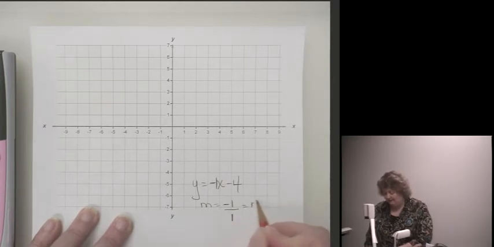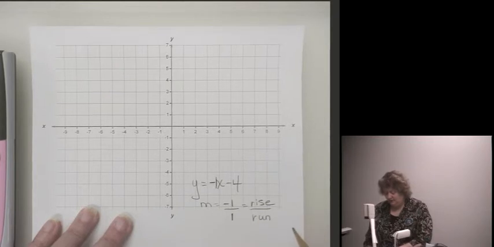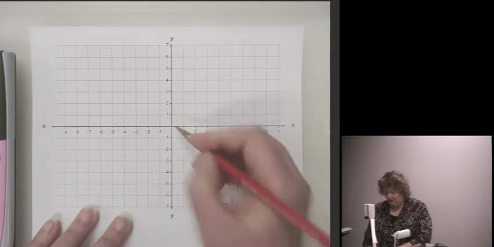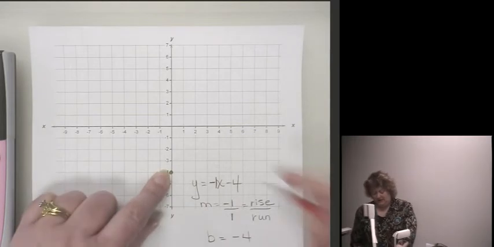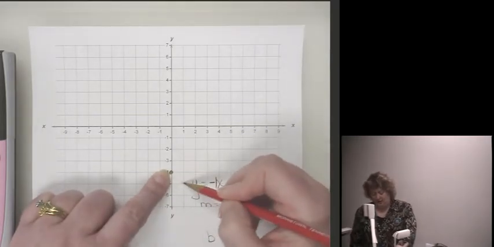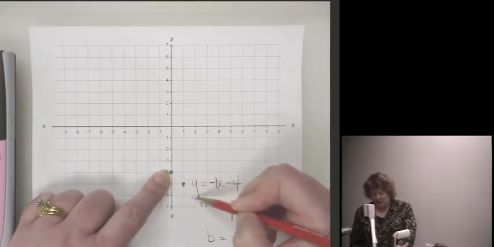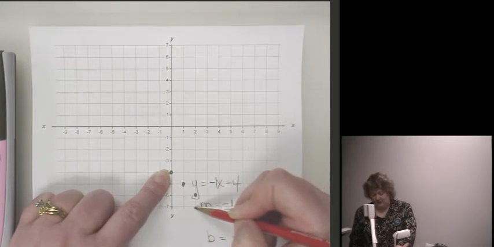And that gives us rise over run. And then our y-intercept is negative 4. So we're going to go down 4. And then our slope is down 1 over 1, down 1 over 1, down 1 over 1.